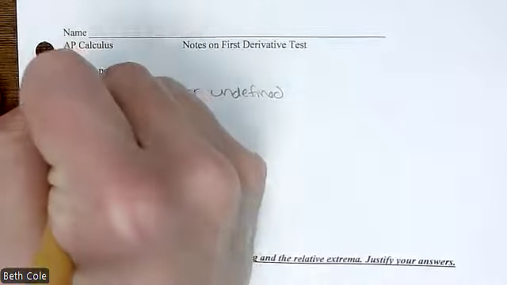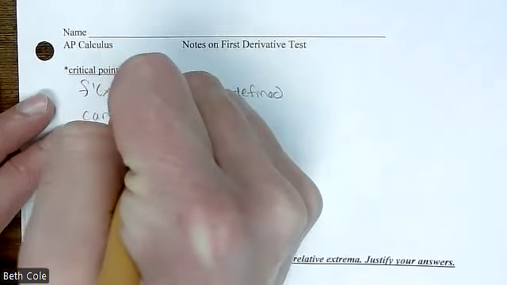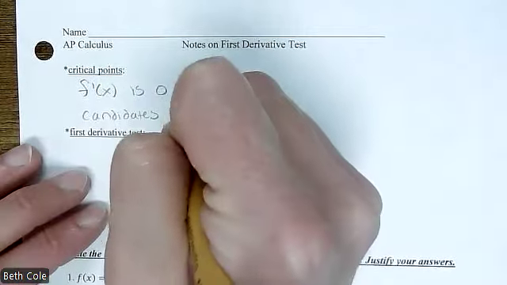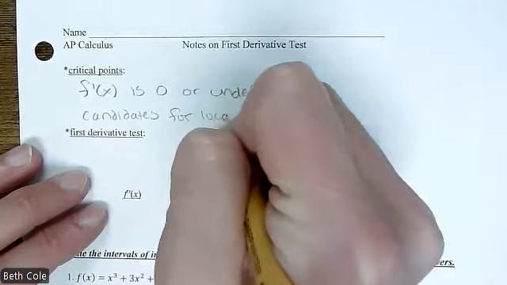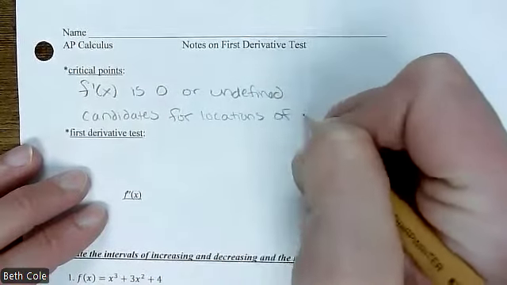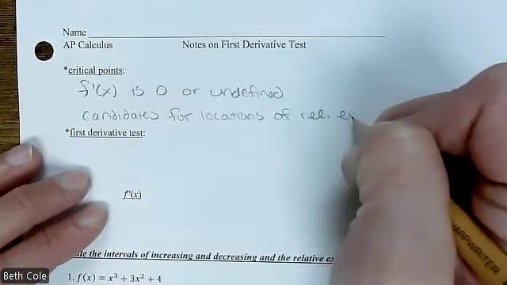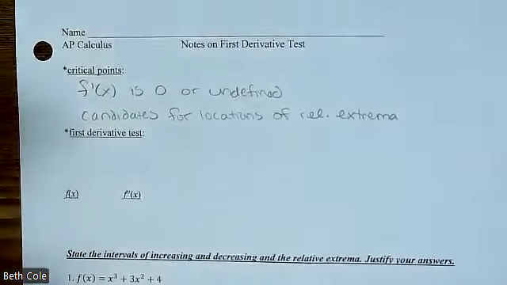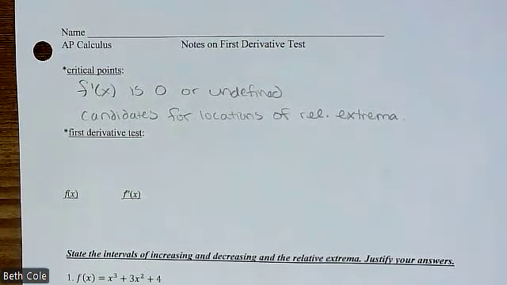And those are your candidates for locations of relative extrema. I abbreviated relative REL, relative extrema. That's just the plural way of saying relative maximums and minimums, relative extremes, okay? They are the candidates. That means that they may or may not be, but they're the candidates for locations of.